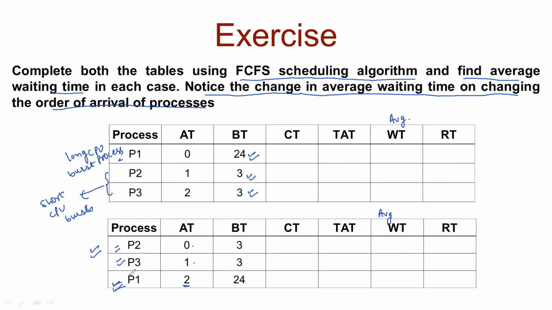For your information, average waiting time will reduce in this case. By letting shorter CPU burst process execute first, one can reduce the average waiting time. But I want that you solve both these cases and then observe the results on your own.